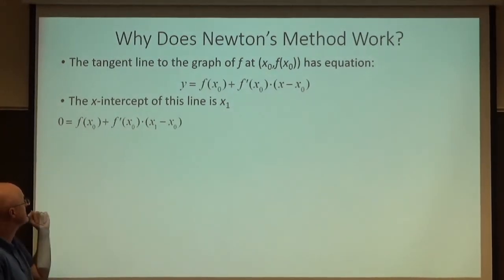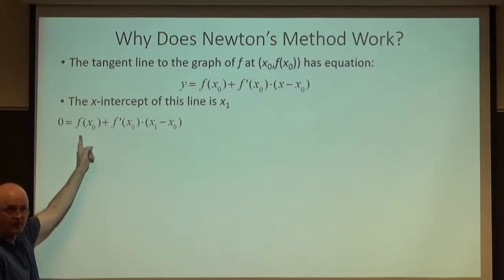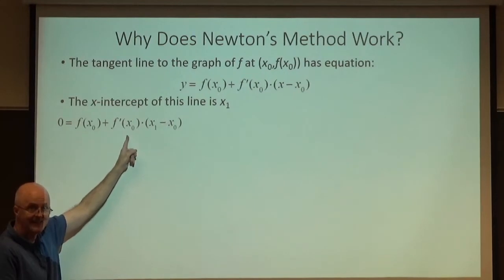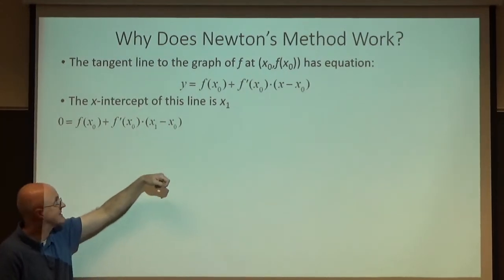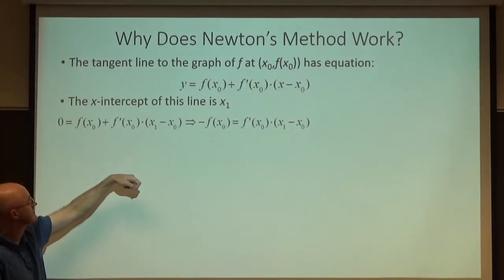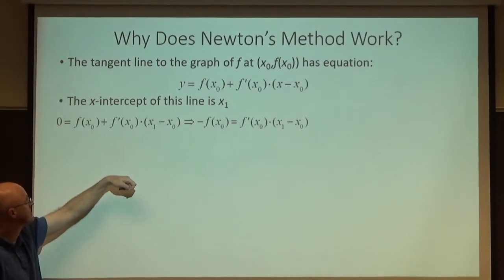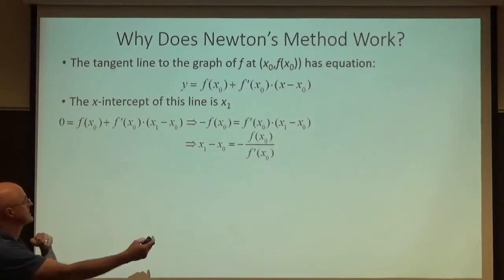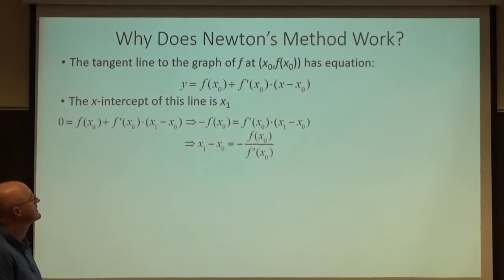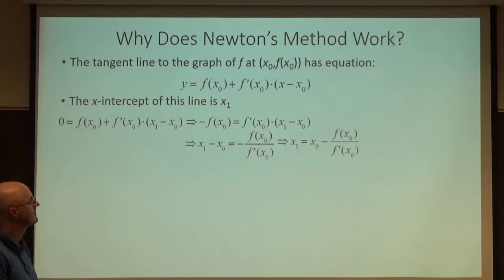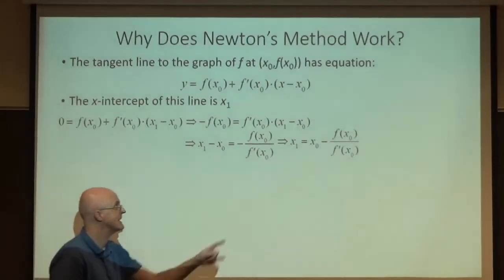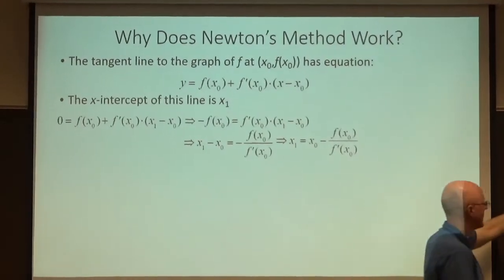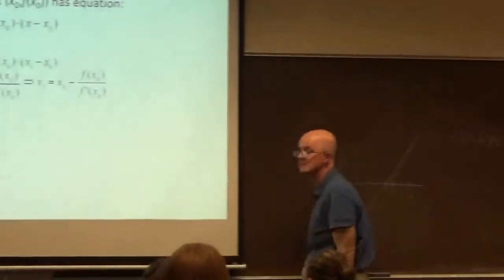You've got to isolate the x1. So you want to subtract this from both sides, then divide both sides by this, and then the third step would be to add x0 to both sides. Here's the steps. There's the subtraction step of f of x0 from both sides. Here's the division step, and also I switch the sides. And here's the last step, solving for x1. And lo and behold, you get the exact same formula as the recursive formula that I erased in general.